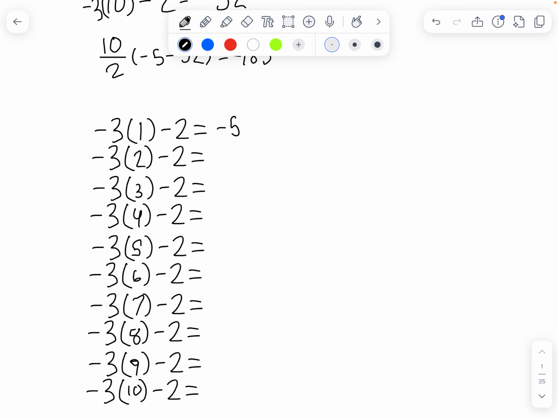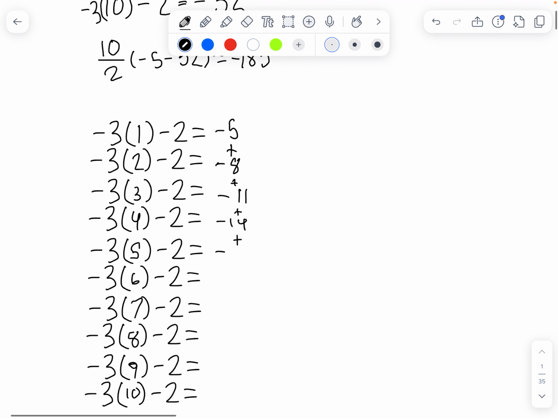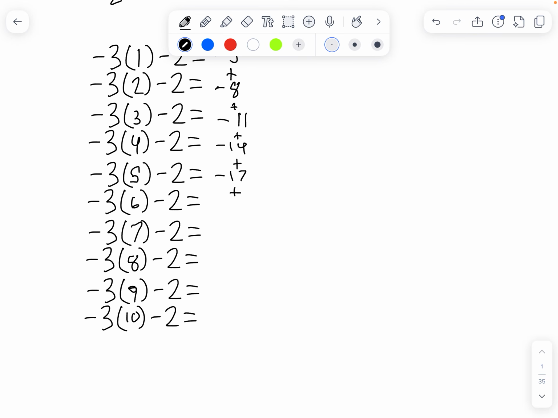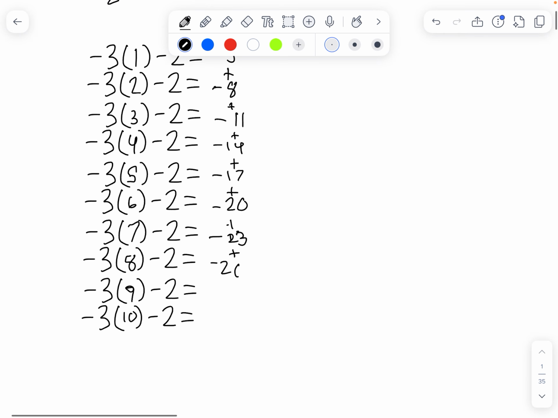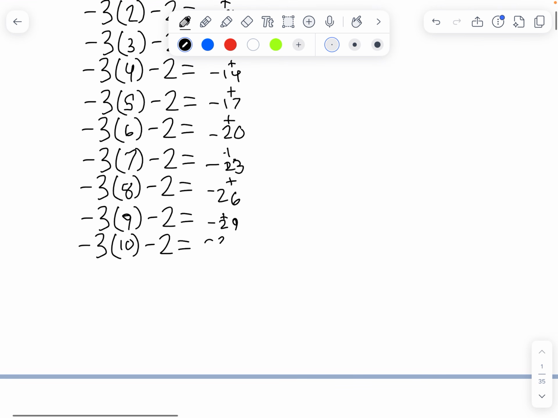And now it's -5 plus -8 plus -11 plus -14 plus -17 plus -20 plus -23 plus -26 plus -29 plus -32.